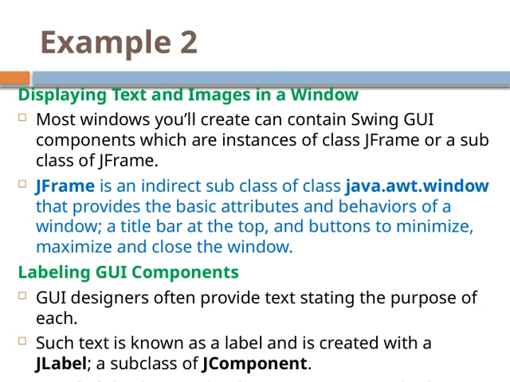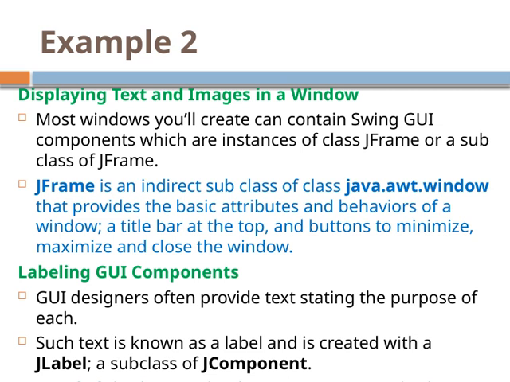Now, moving on to labeling GUI components, it's common practice to add descriptive text to help users understand the purpose of each element. This is where labels come into play. Labels are created with the JLabel class, which is a subclass of JComponent. Think of a JLabel as a simple way to display static content. It can show read-only text, an image, or even both at the same time.